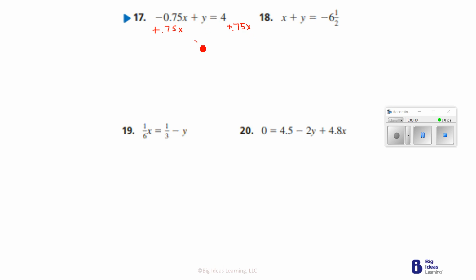Now this can be rewritten as y equals 0.75x plus 4, which tells me the y-intercept is 4, and the slope is 0.75. That'd be m. I said there's a y-intercept, but this is also known as b, okay? Because it's y equals mx plus b.